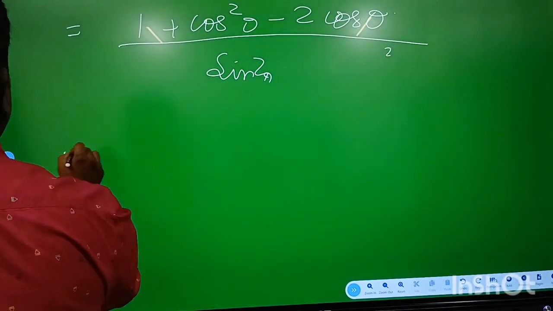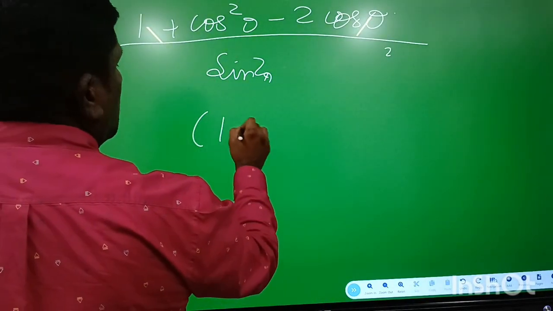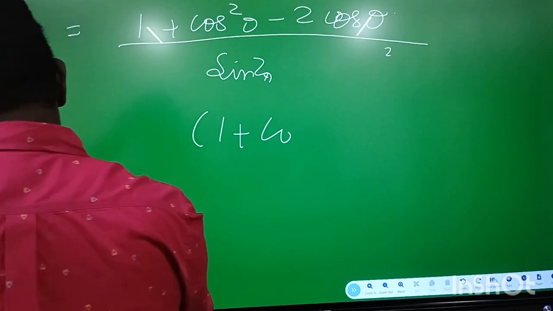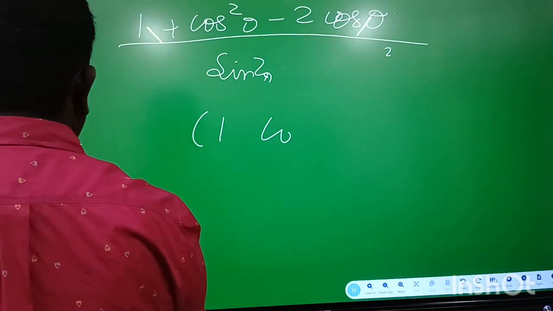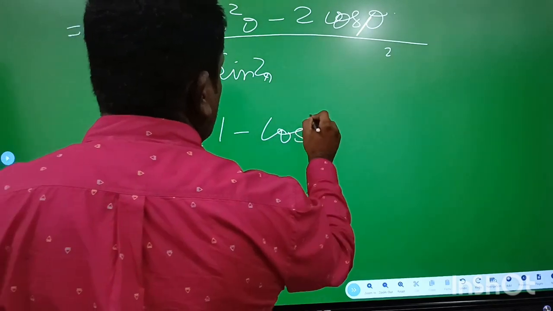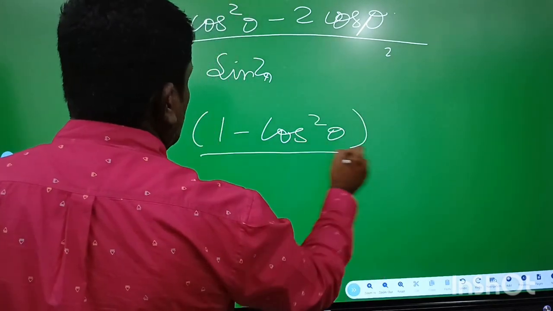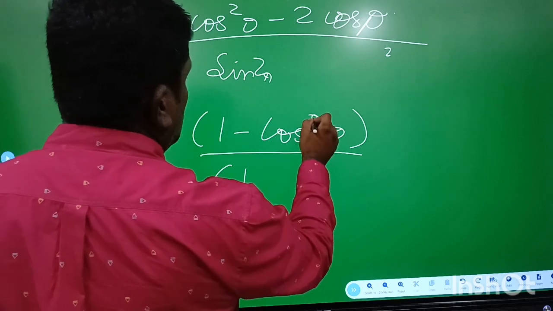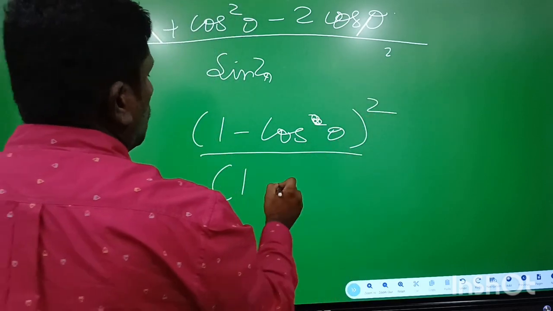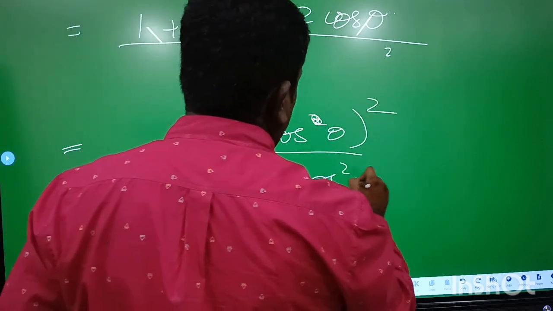So this becomes 1 plus (1 minus cos square theta) divided by (1 minus cos theta) the whole square divided by 1 minus cos square theta.